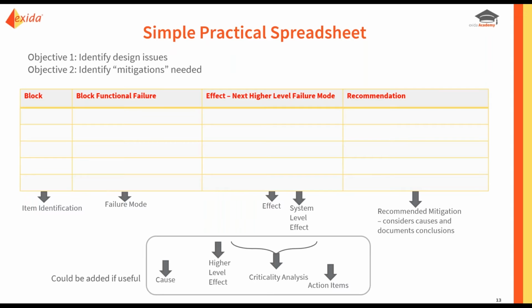You can add more columns as necessary, but be careful. Every time you add something, you got to spend time filling it out and thinking about it, and it could be a non-linear function of engineering time.